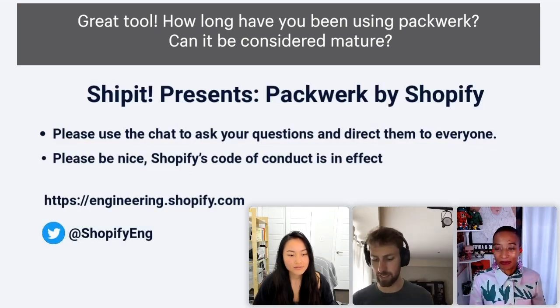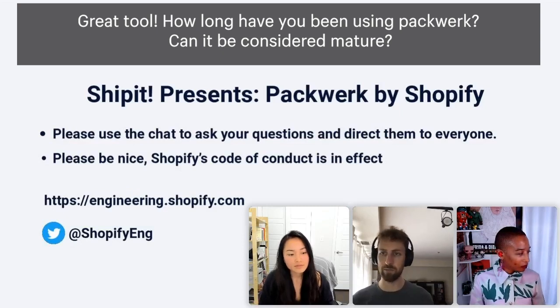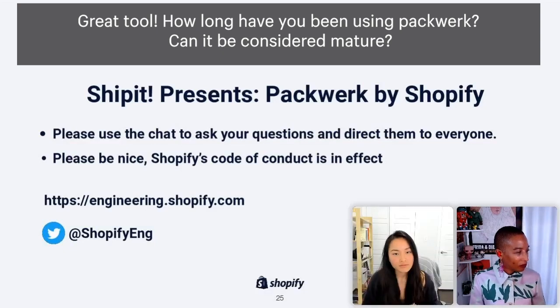We did design it in a way that it accepts false negatives, so it might not find some of the things that are wrong. But that's because it's really hard to build a static analysis tool for Ruby that is 100% correct, and we put the focus on avoiding false positives. So Packwerk should never tell you that something is wrong when actually nothing is wrong, and it should find the overwhelming majority of things that are wrong. But it's not complete in that it doesn't find everything that might be wrong.